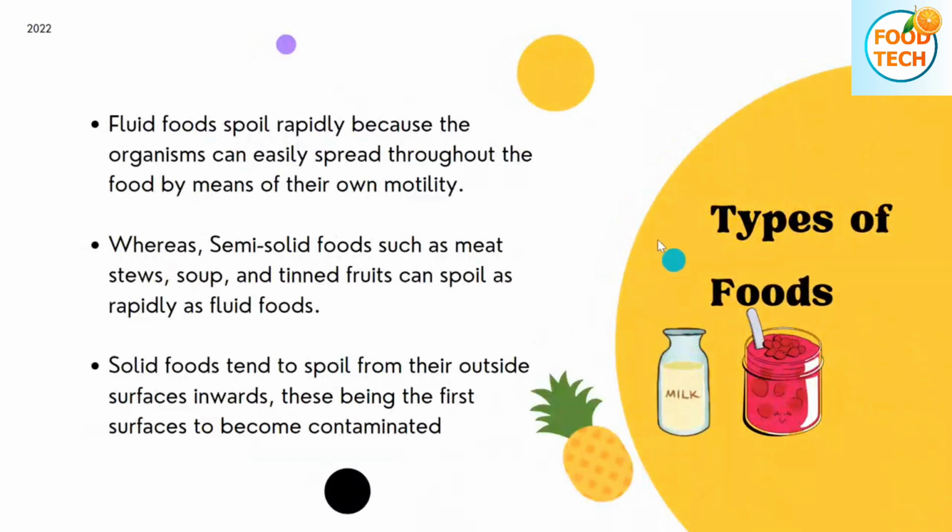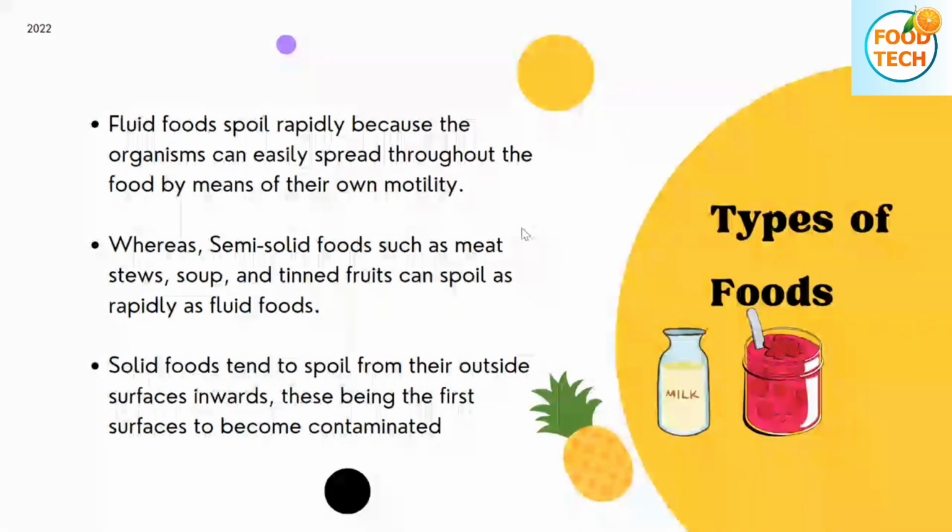Right? So now, guys, we'll talk about the variety of foods: some are very liquidy, some are semi-solid, and some are solid foods. Bacteria majorly grow in food which has a high water ratio, in comparison to semi-solid and solid foods.